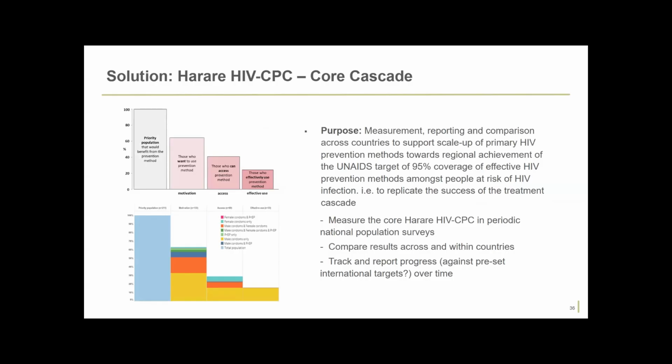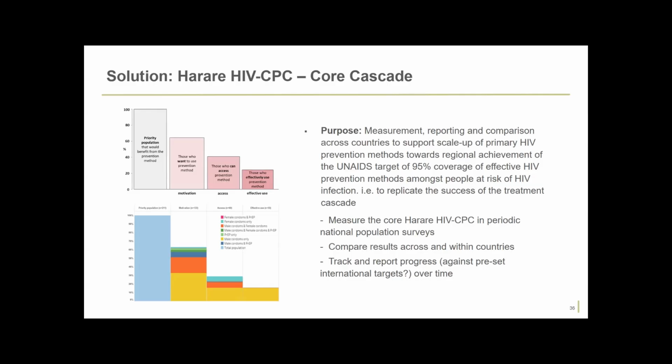This is an example of the core cascade that has been used for Harare to measure, report and compare across countries to support the prevention methods, so that we can achieve the 95% coverage UNAIDS targets.